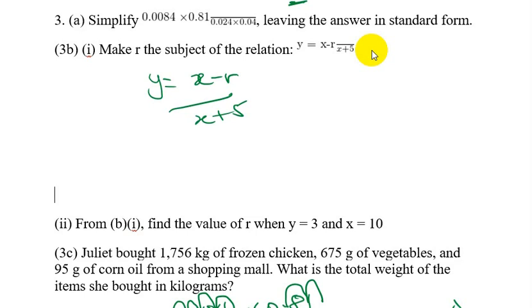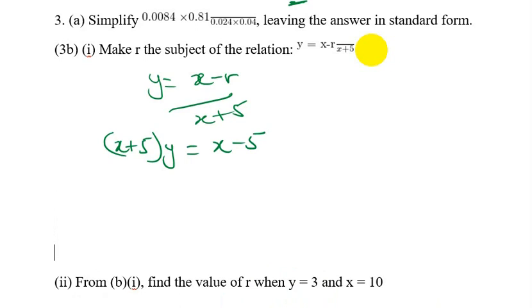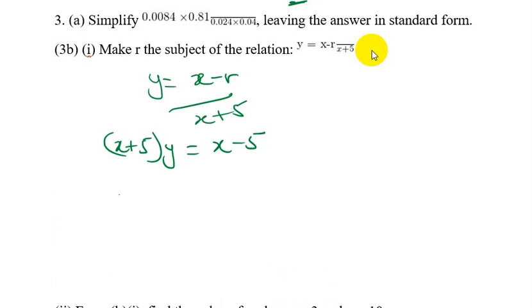So we multiply this side by the denominator. We're going to get x plus 5, bracket close, y equals x minus r. When you open the bracket, we get xy plus 5y equals x minus r.